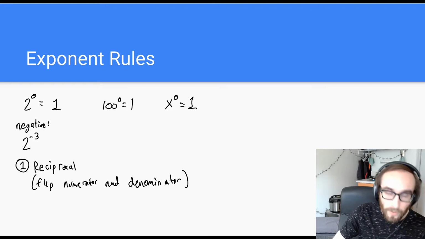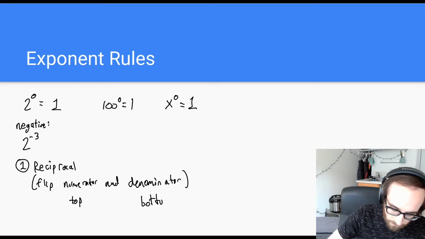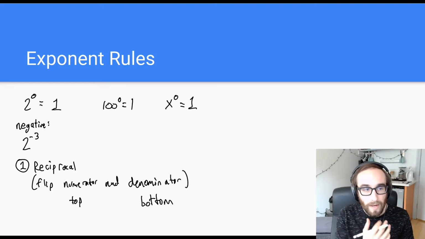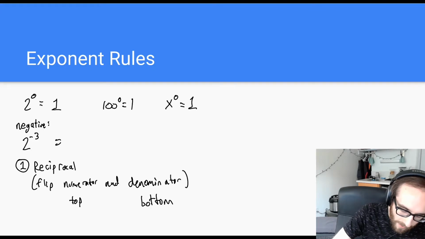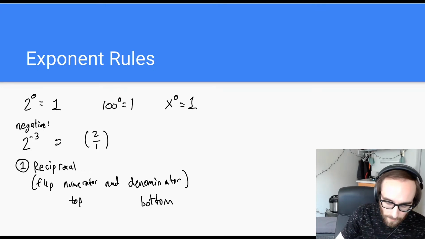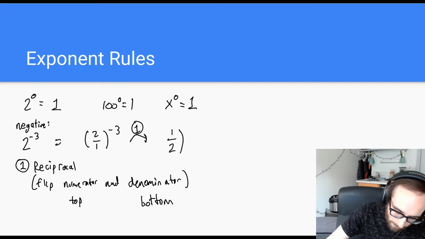When we look at a fraction, the numerator is just the top, the denominator is the bottom. So here, if we have an integer like 2, we can just rewrite that as 2 over 1. So we have a top and a bottom, numerator and denominator. Our first step is to flip it, 1 over 2.